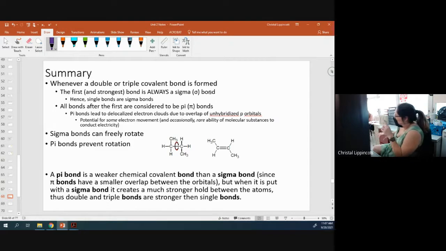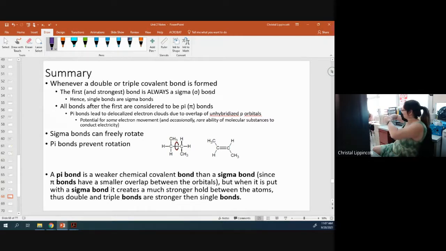But if you have a sigma and a pi together, that's going to be stronger than just a sigma. So a single bond is weaker than a double bond, which is weaker than a triple bond. Triple bond's the strongest. You can't get a quadruple bond. That's coming next. I know that question's coming next.